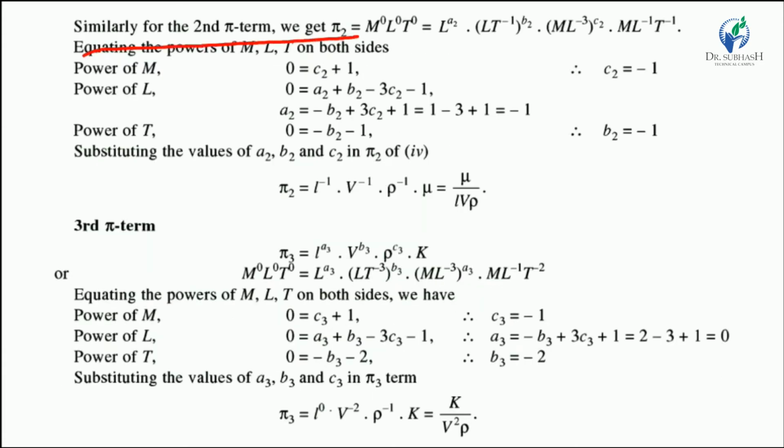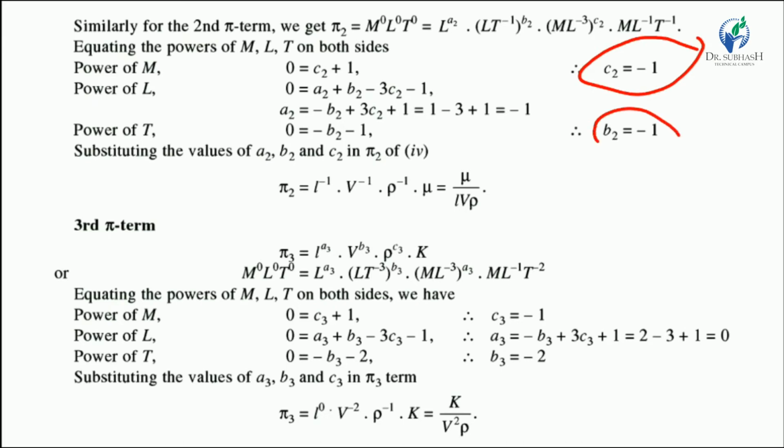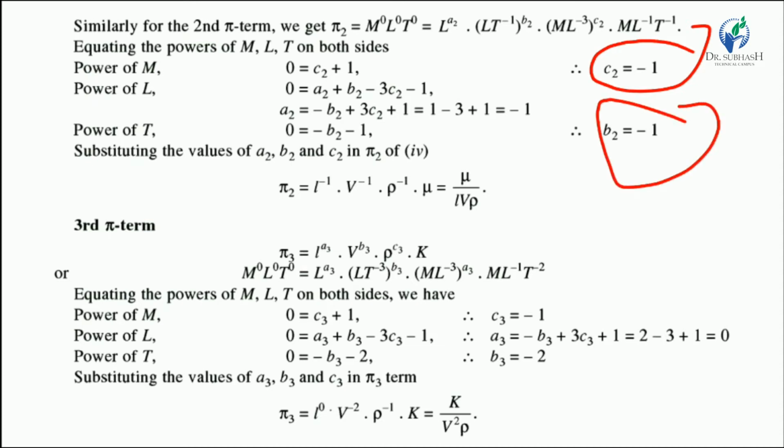Now we follow the same procedure for the second pi term, the pi 2 term. All variables of the pi 2 term are written in the form of MLTs, and we compare the powers of M, L and T and find the values of the arbitrary powers. So C2 is equal to minus 1, B2 is equal to minus 1 and the A2 value is also minus 1.